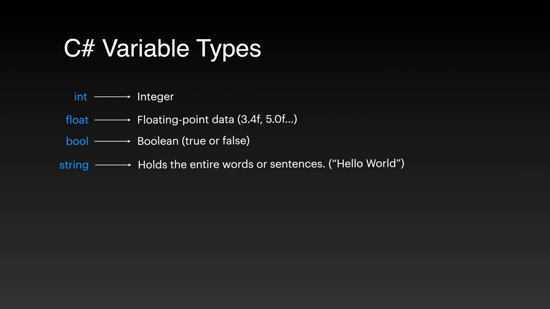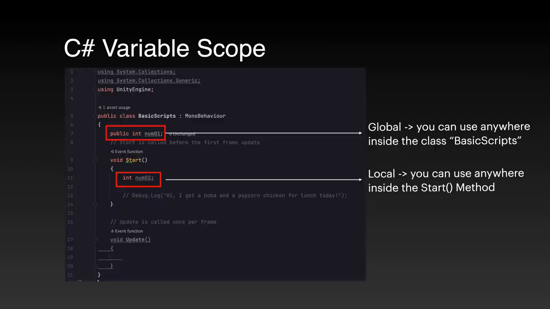If you put bool in front of a variable, it means that variable has true or false content inside. And string holds entire words or sentences as long as you have the quotation marks. So that's string.